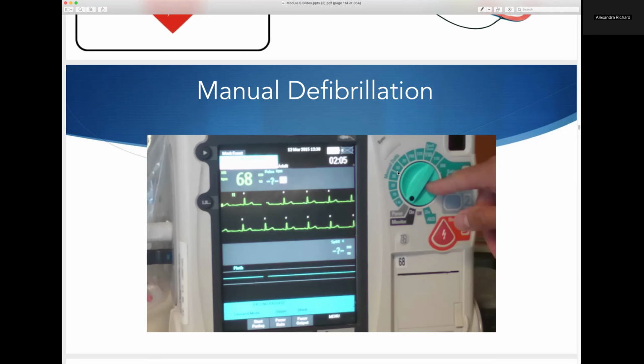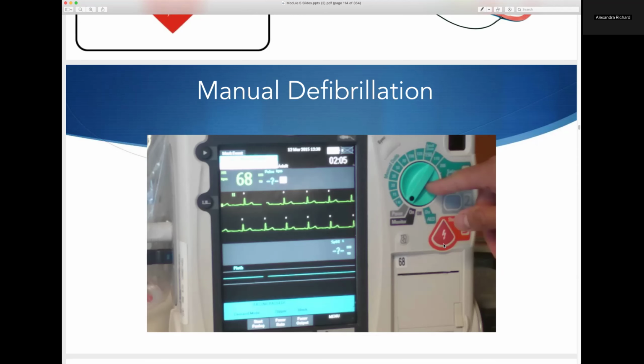For defibrillation, you would turn up the joules. Okay. And then you have 1, 2, 3. Okay, so you would select the energy level, you would charge it, and once it's done charging, before you press the shock button, you have to say clear.